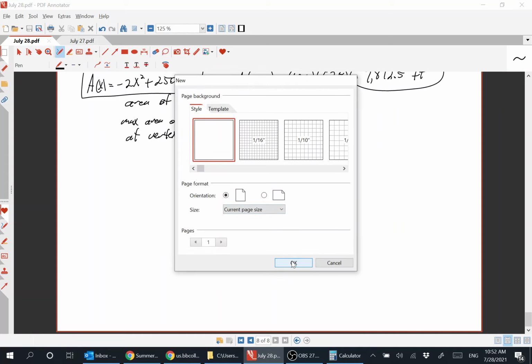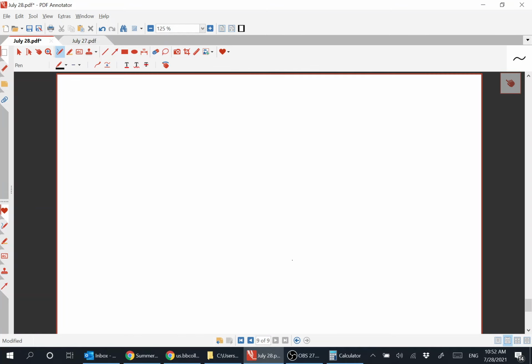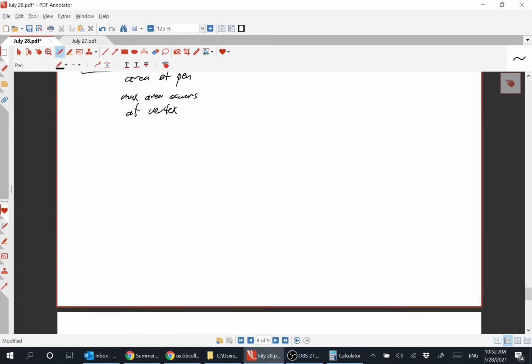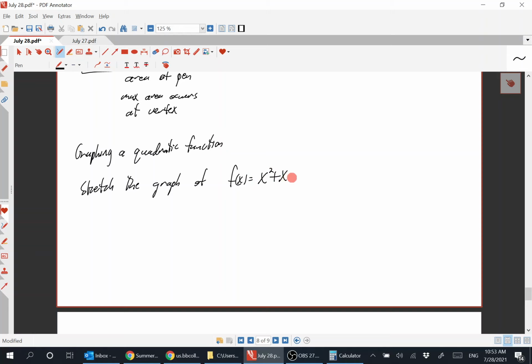Let's do one graphing a quadratic function. Sketch the graph of f of x equals x squared plus x plus 1.